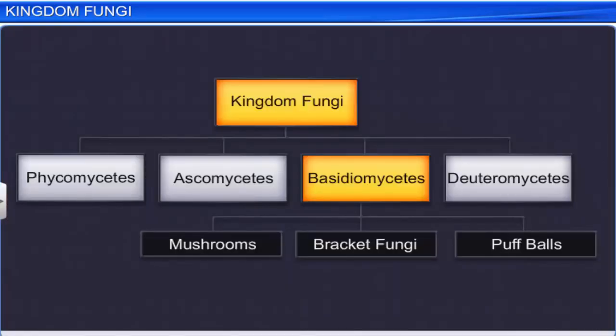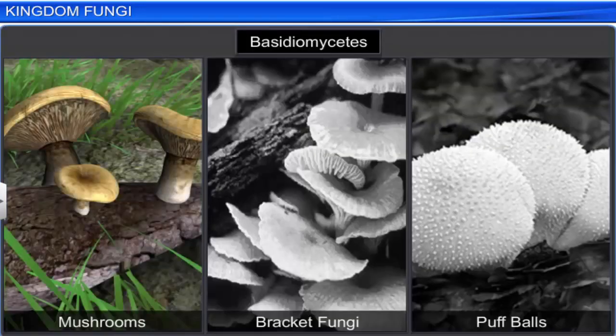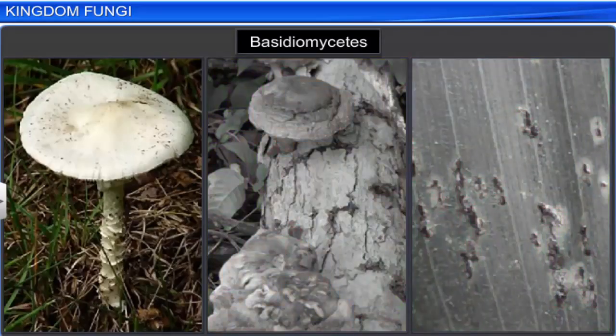Some common examples of basidiomycetes are mushrooms, bracket fungi, and puffballs. They grow in soil, on logs, and inside plant bodies as parasites such as rust and smut.